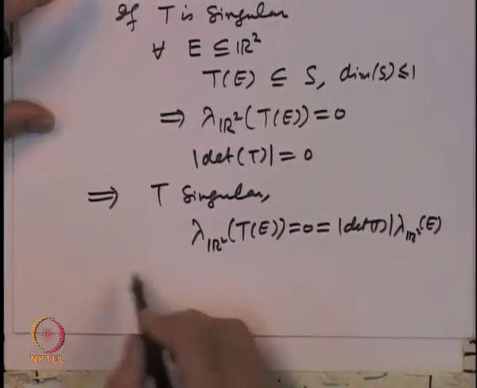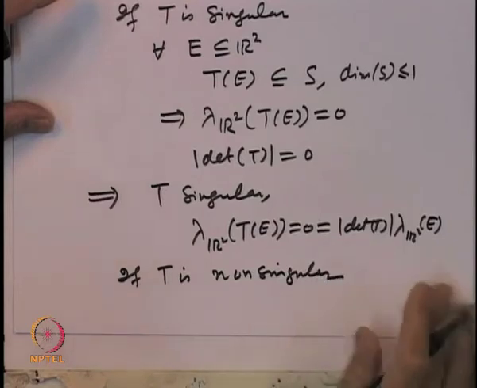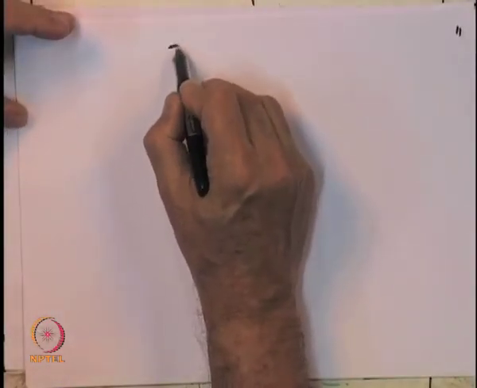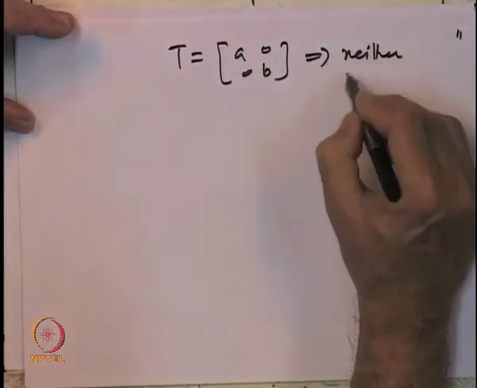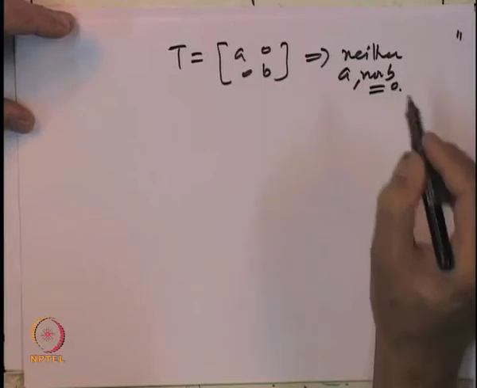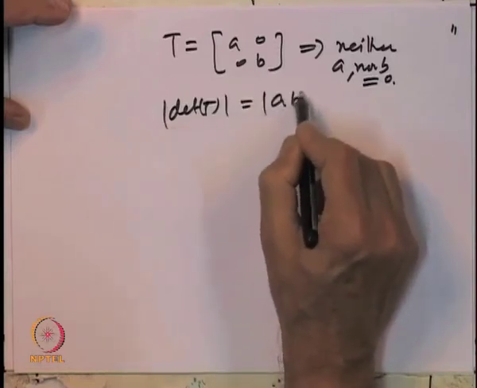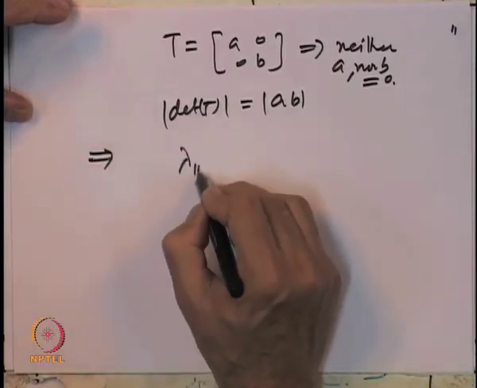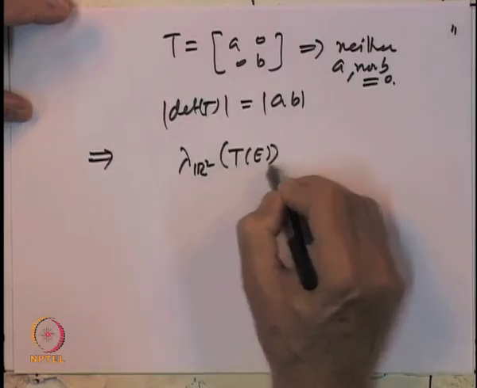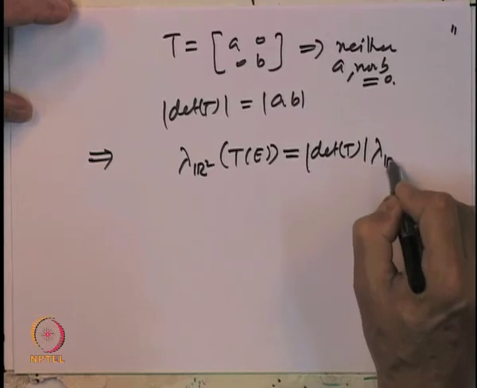If T is non-singular, and T is given by a, 0, 0, b, that implies that neither a nor b is equal to 0, and the determinant of T is equal to ab. So, once again our earlier result implies that the Lebesgue measure of T(E) is equal to the determinant of T times the Lebesgue measure of the set E.